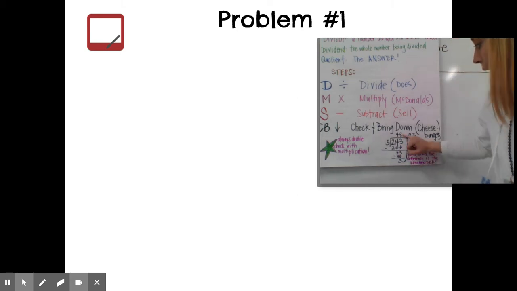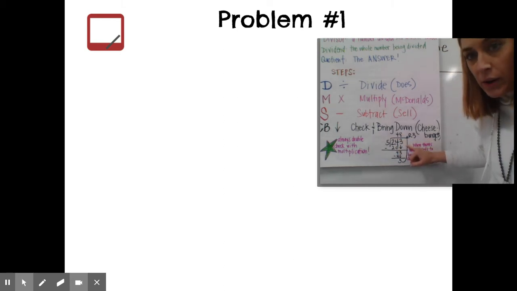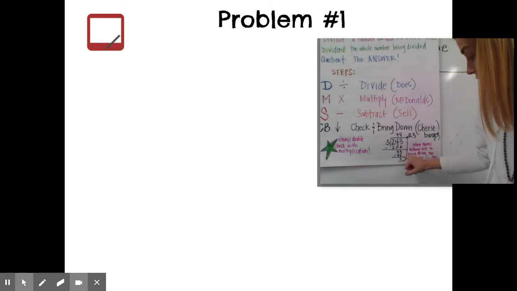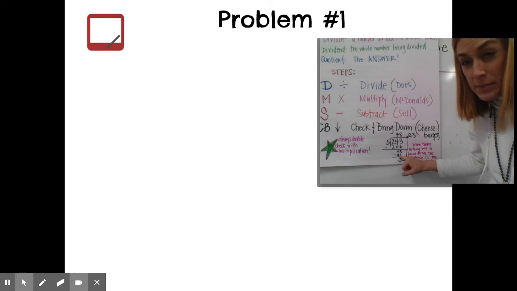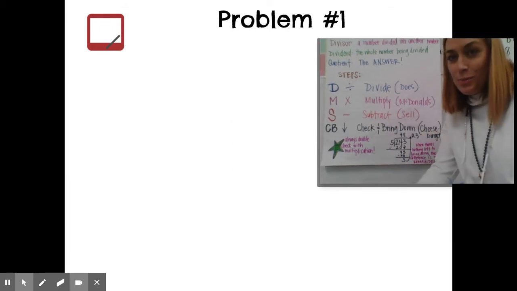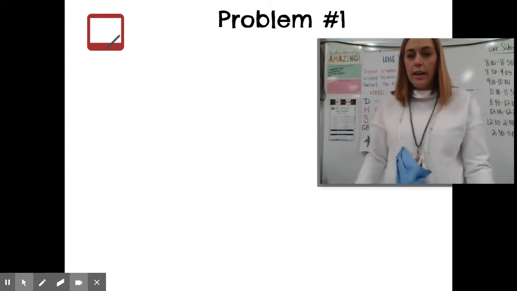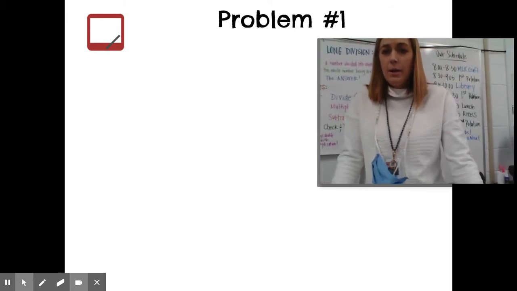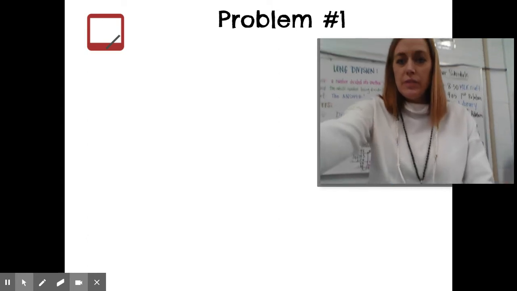And then after you've brought down every number you can and there's nothing left to bring down, this number, the difference that might be left over at the bottom, sometimes it's 0, but a lot of times it's a number. That is called the remainder, right? So there's your remainder. So I'm kind of hoping that this little anchor chart in the classroom will help you guys as we continue to do division.